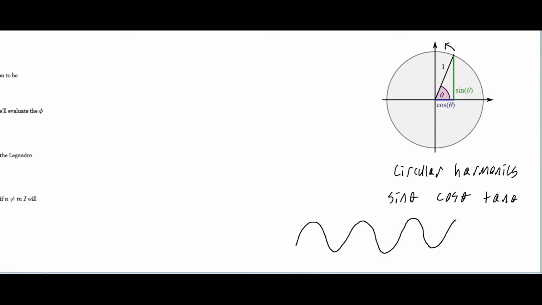these sinusoidal waves here. And spherical harmonics are essentially the same thing, but instead of on the surface of a circle here, it's on the surface of a sphere. And perhaps you could think of the spherical harmonic function here of theta and phi as being equivalent in spheres to what things like the sine of theta and cosine of theta are in circular harmonics.